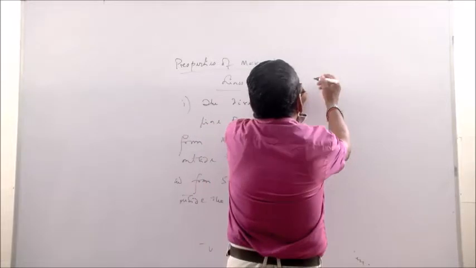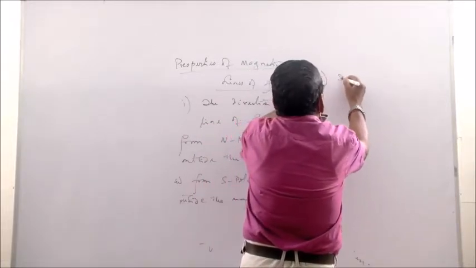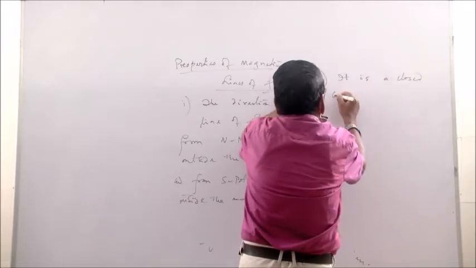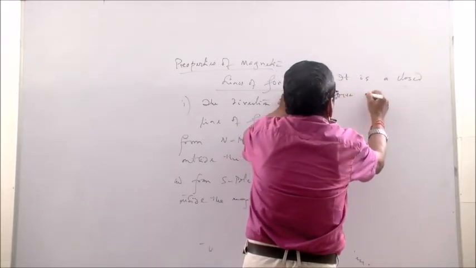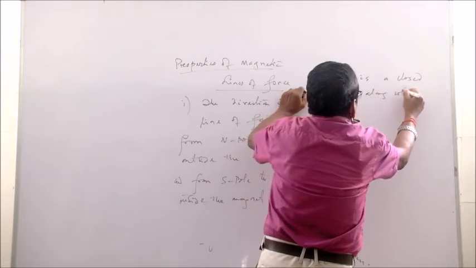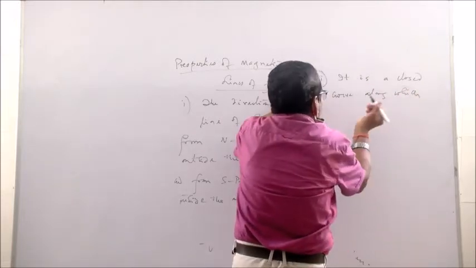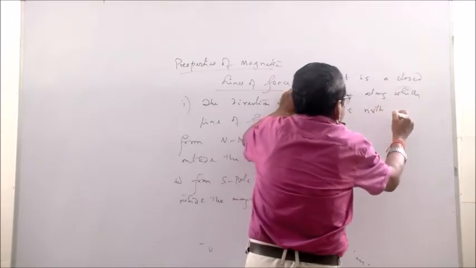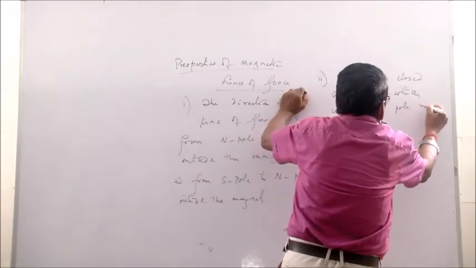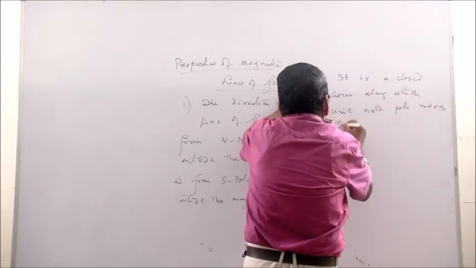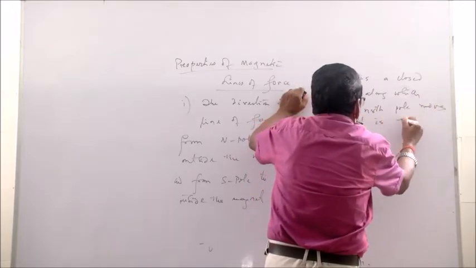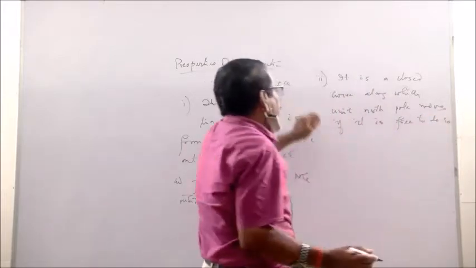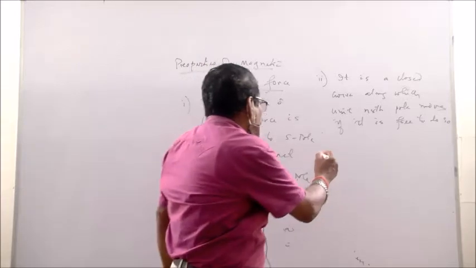Second point, it is a closed curve along which a unit north pole moves if it is free to do so.